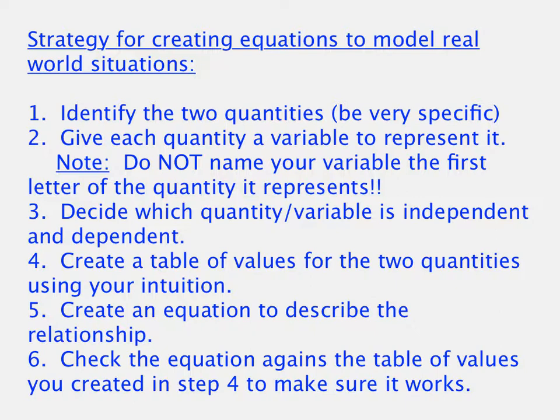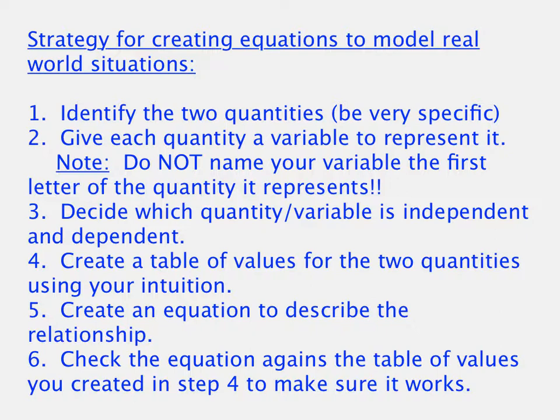You can use x to represent your independent quantity and y to represent your dependent quantity, or you can of course use whichever variables you'd like. Note, do not name your variable the first letter of the quantity it represents. It's a very, very tempting thing to do, but don't do it. It can be really confusing. Third, of course, decide which quantity variable is independent and dependent.